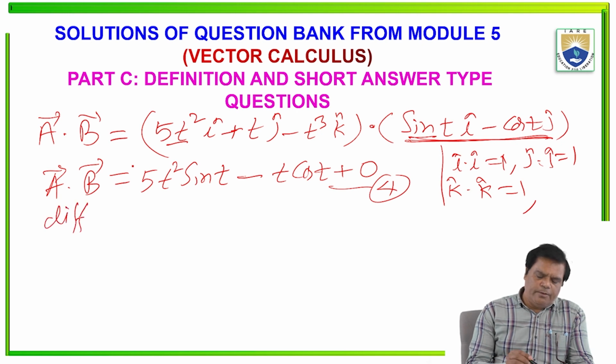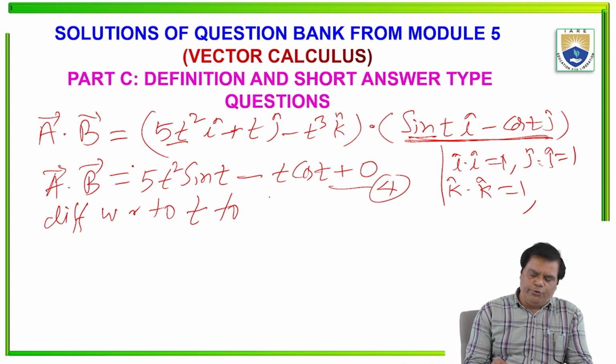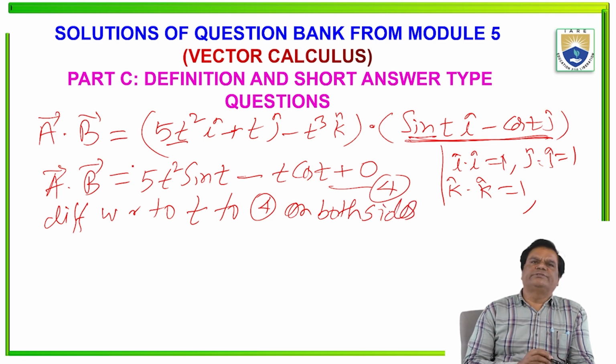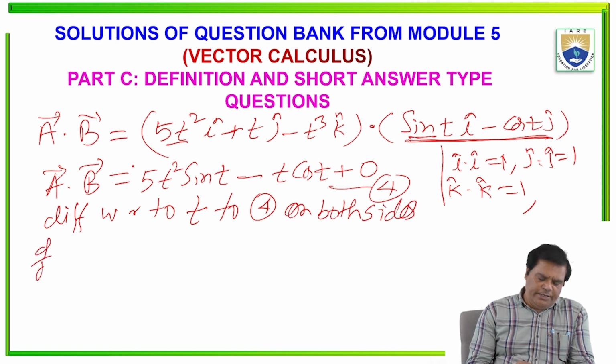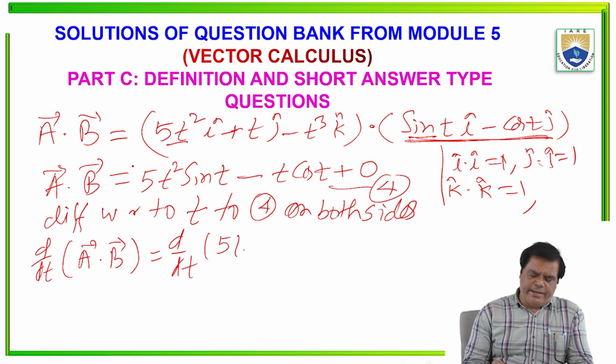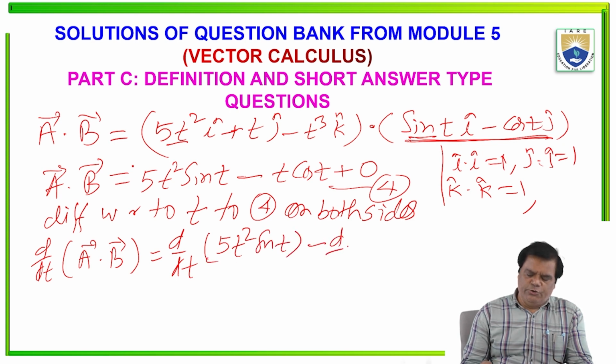Differentiating with respect to t on both sides: d/dt of A dot B equals d/dt of 5t² sin t minus d/dt of t cos t.